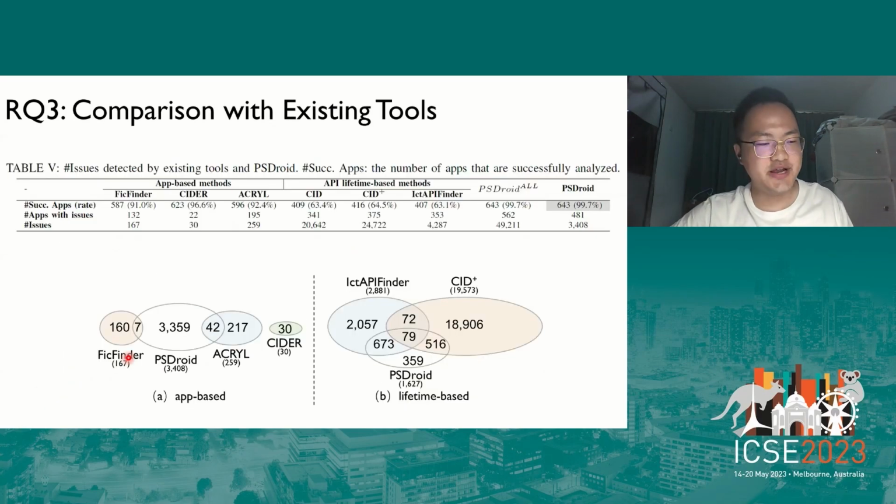In RQ3, to demonstrate our tool's advantage compared with the other 5 existing compatibility detection tools, we compare them on 645 apps. And the result shows that PSJoy outperforms existing tools in eliminating false positives and false negatives.